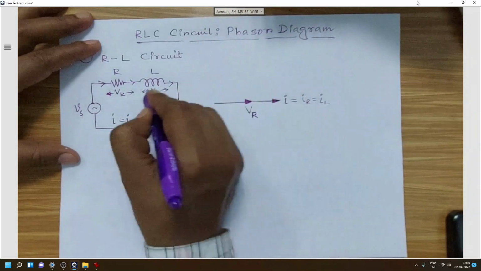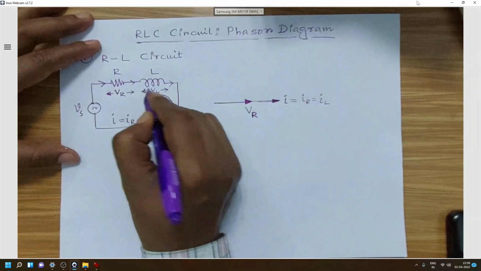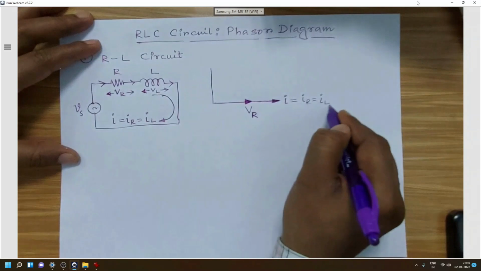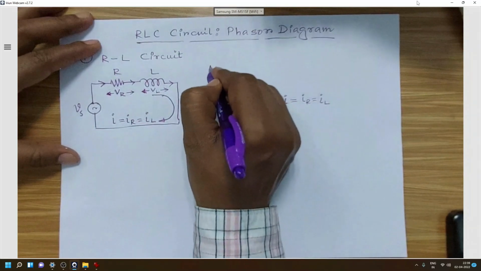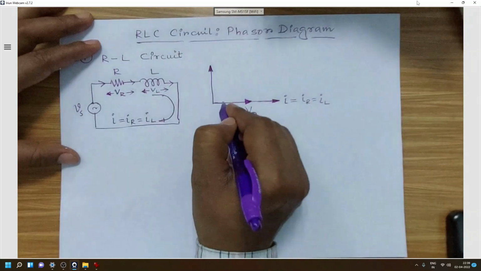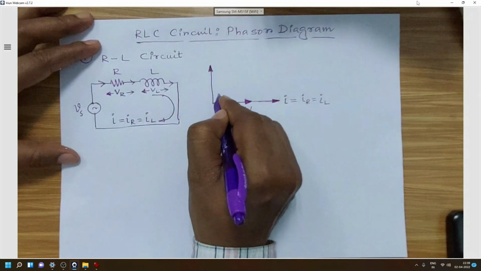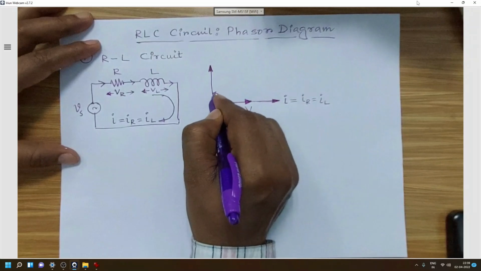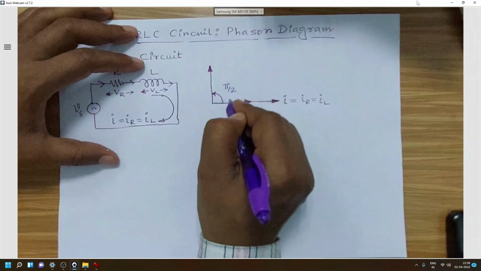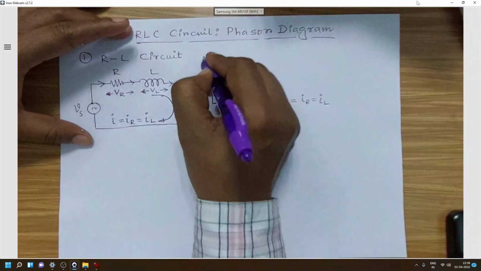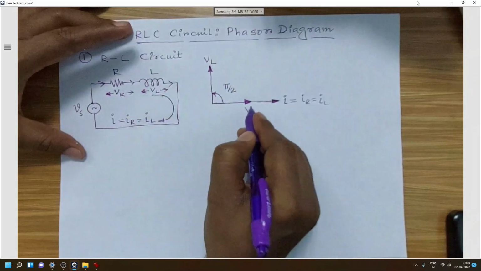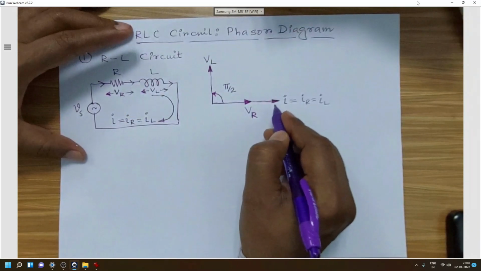Now if we are going for drawing the phasor for the voltage drop across L, we will consider this current as IL, and accordingly we have to draw one phasor perpendicular to this current IL, which will be located after 90 degree rotation in the anti-clockwise direction, because we know by convention that voltage across inductor leads over the current passing through the inductor.